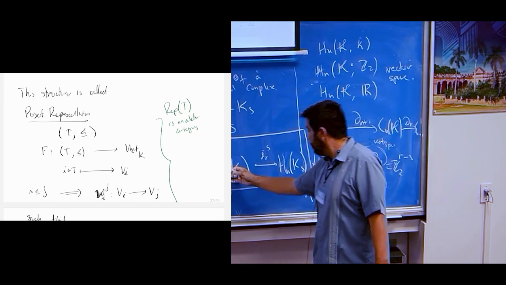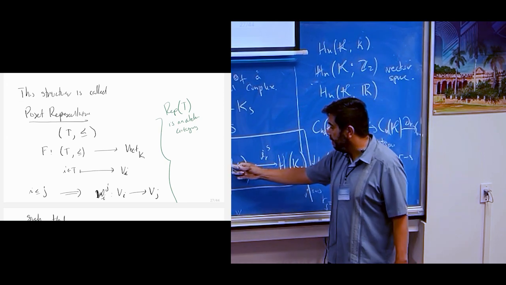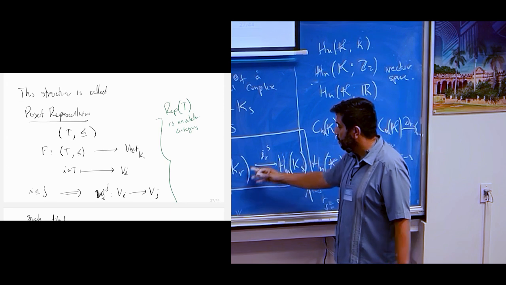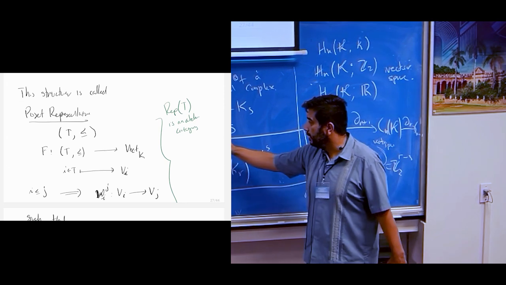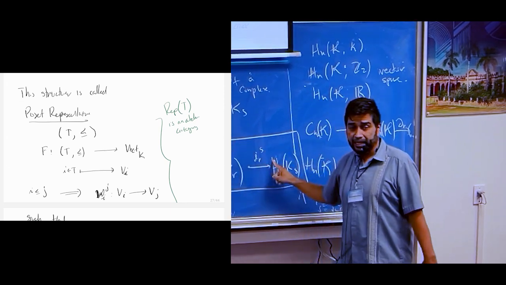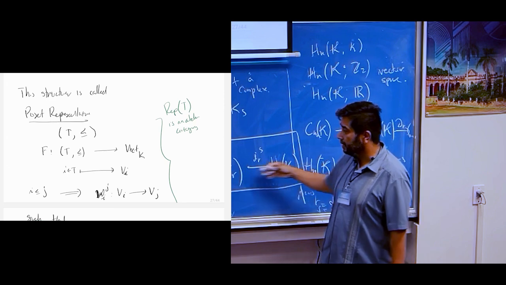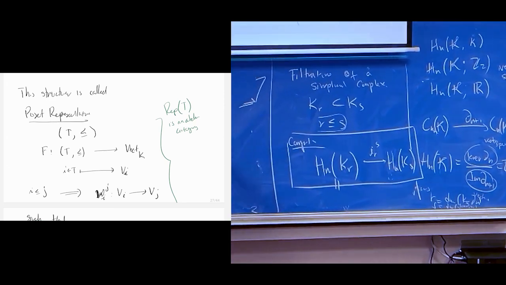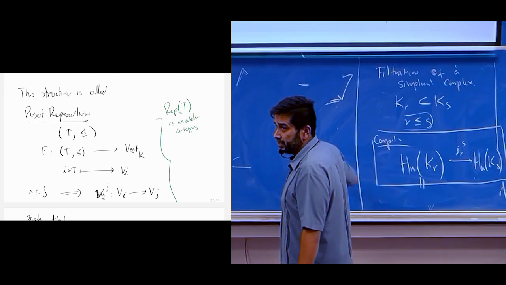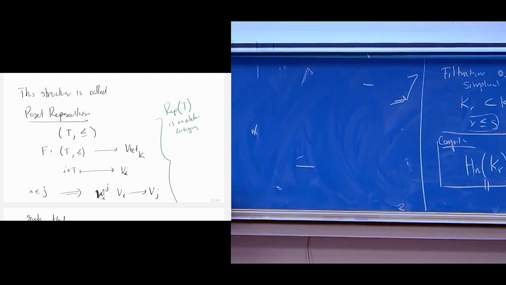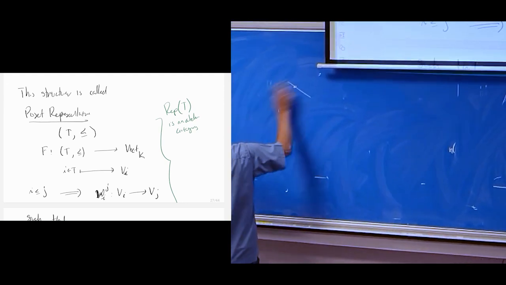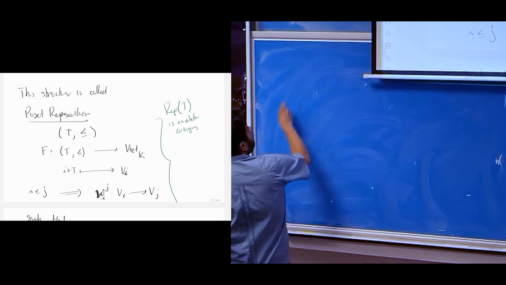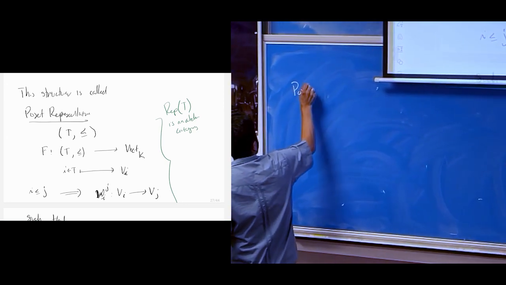We have vector spaces, and we have maps between the vector spaces. But these maps exist only if we have R lower than or equal to S, right? This thing that we have here is what is known as a poset representation.